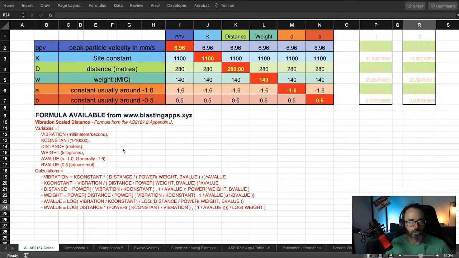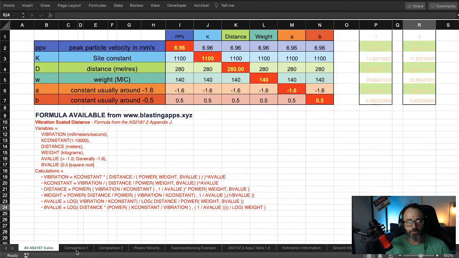Here we are using meters, and it takes several inputs: PPV, K, D, and W, which is weight, distance, and site constant. The site constant might change for each site, so each sensitive site may have a different constant, and it may have a different attenuation rate. So it's definitely going to be a different distance away. Anyway, I've got this little sheet here.